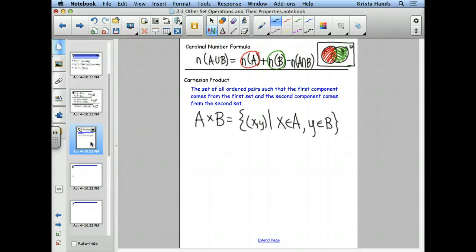So let's say for a moment that we have set A, and it is, let's do the numbers 1, 2, 3. And we will do set B, and just to make it distinctive, we'll actually let it be letters, just for something different. And let's say it's the letters H, K, M, and S, for no particular reason at all.